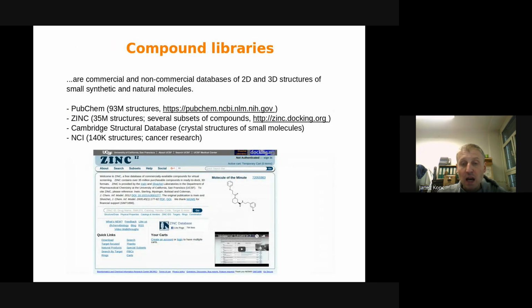So I'm going to go briefly through all these ingredients that we need for ligand-based virtual screening. First, we start with compound libraries. These are libraries of small molecules.